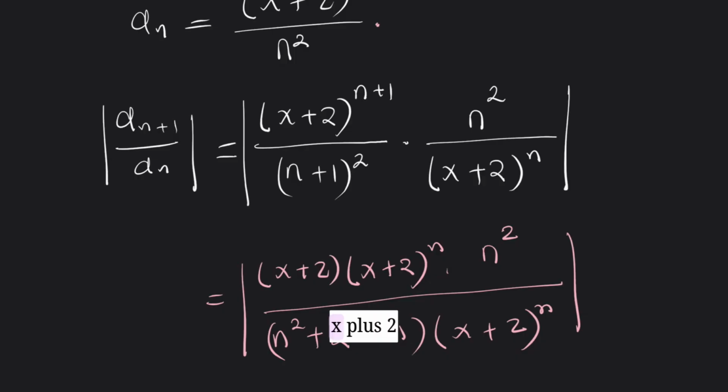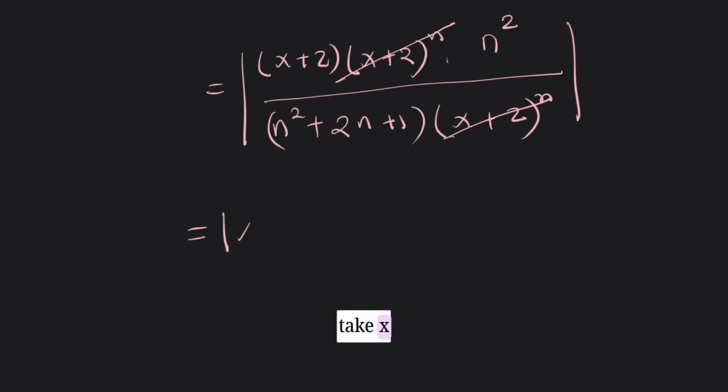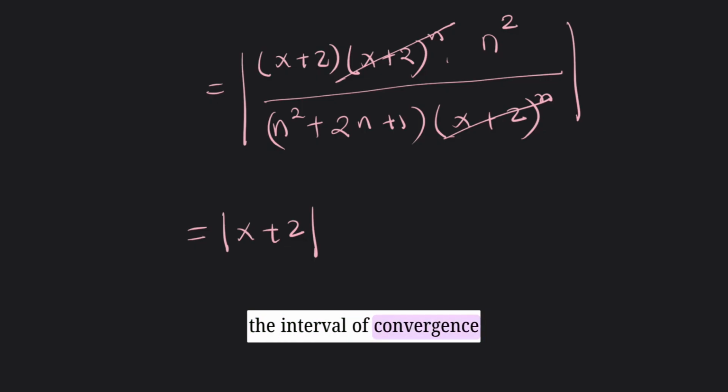Okay, so x plus 2 to the power n is common in both cases, so that goes outside. Then this is the absolute value of, I can take x plus 2 outside. Remember, the radius of convergence, or the interval of convergence, is determined in x, right?